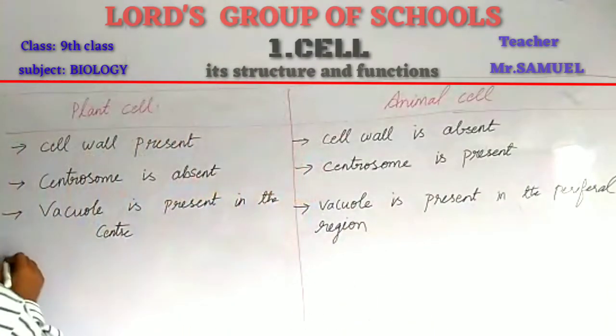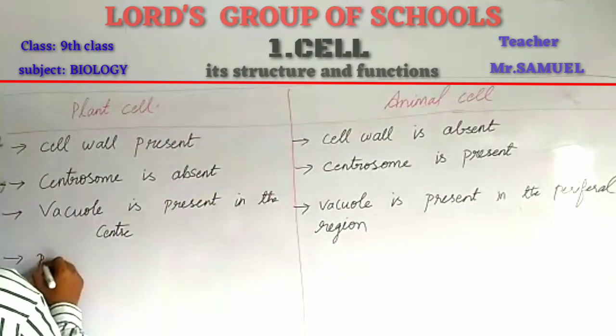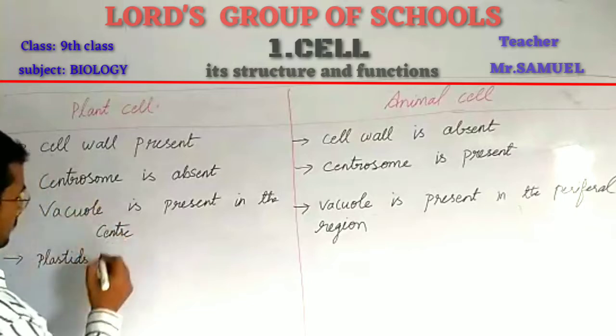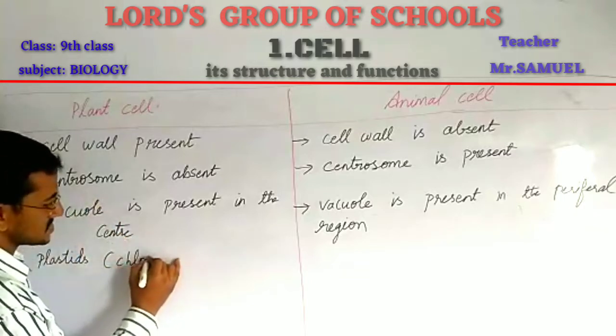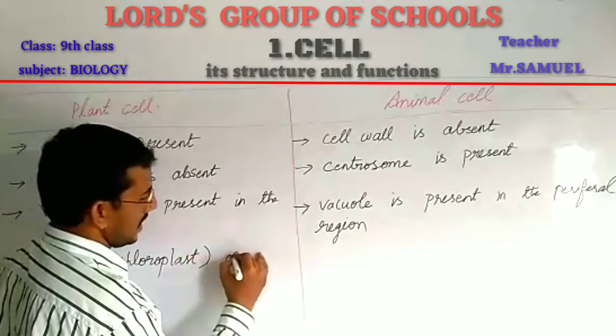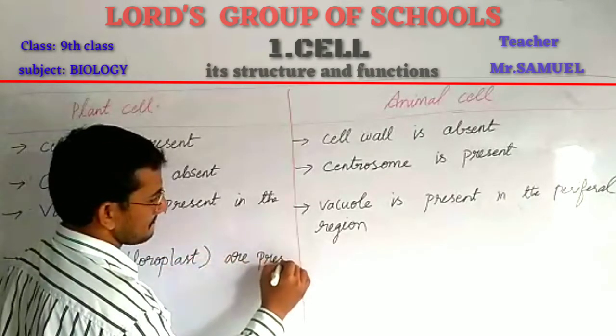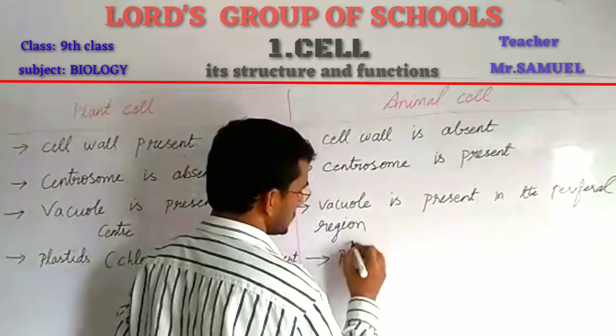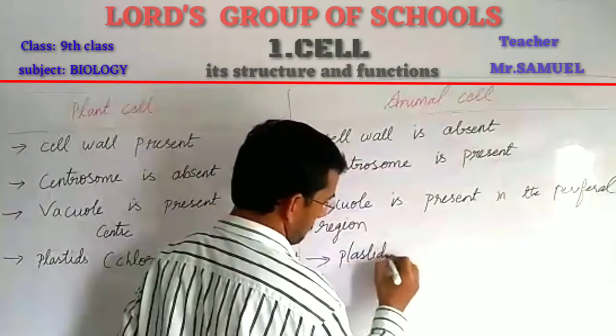Plastids, next difference is plastids like chloroplasts are present. Here plastids are absent.